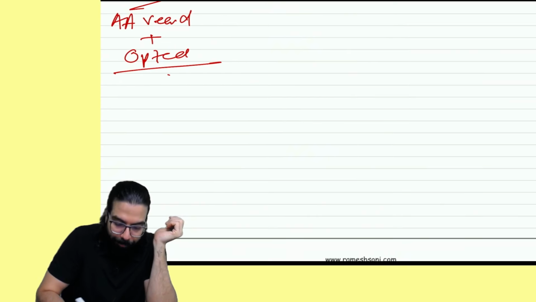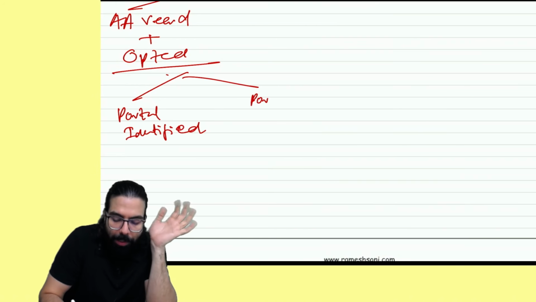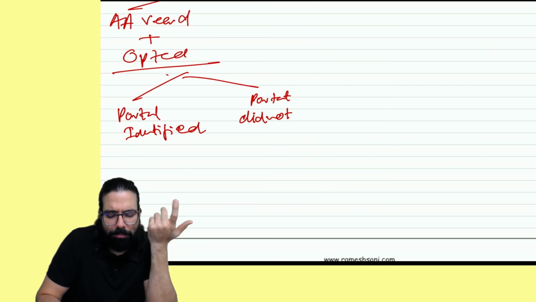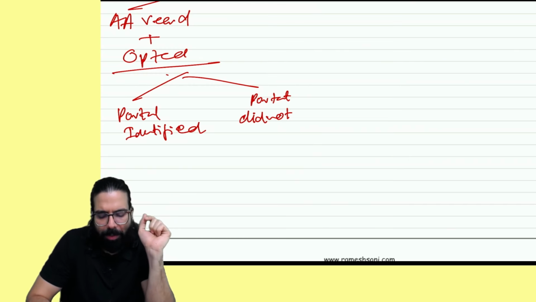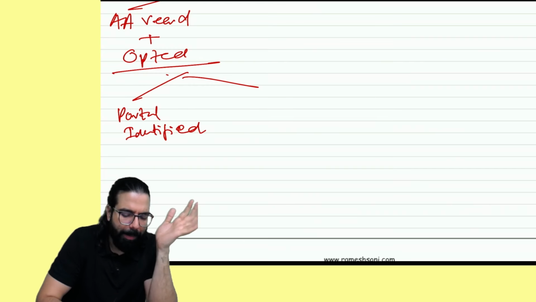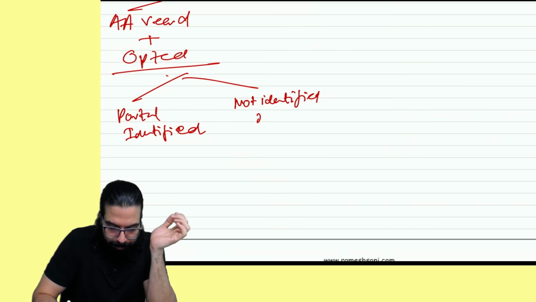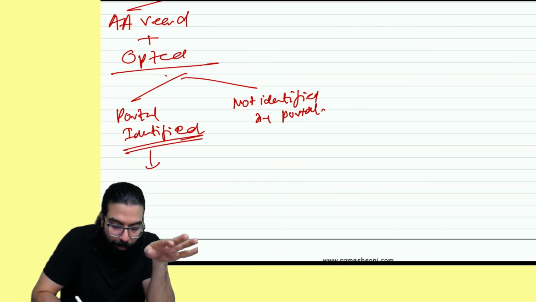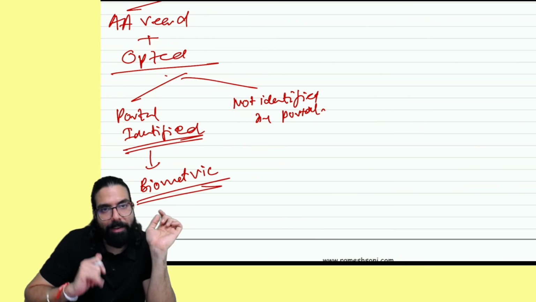In this scenario too, if the portal did not identify, did not red flag you, you are not identified by portal. If portal identifies you, then only you have to do biometric, and then your application is deemed to be submitted.